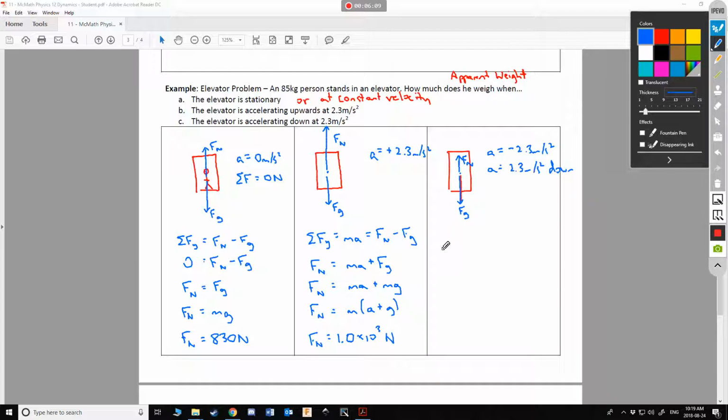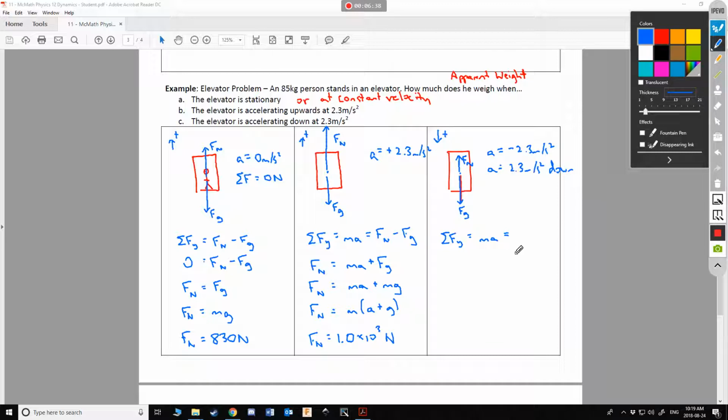In this case, we have the sum of the forces in the y direction is equal to ma, and there are two ways we can approach this. We can define up as positive and continue as I am, but I like to think of the direction of motion as the positive direction. So I'm actually going to say down is positive for this one.